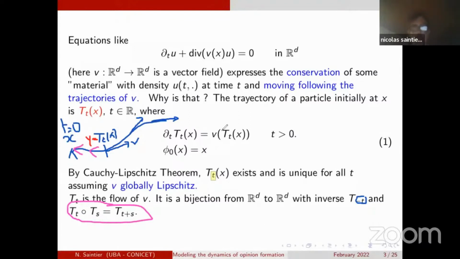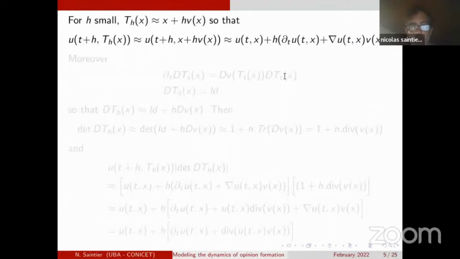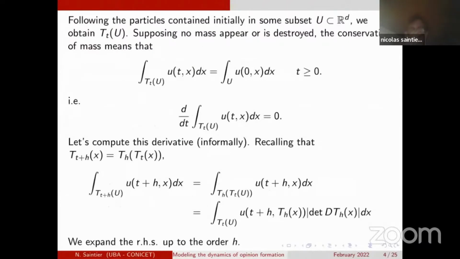So we've got the trajectories of one particle. Now what we could do is pick some piece of space.